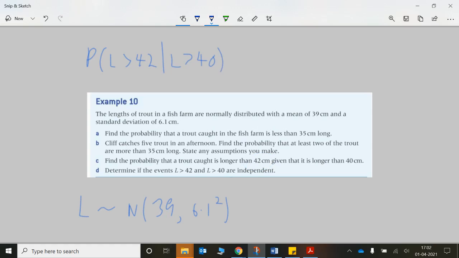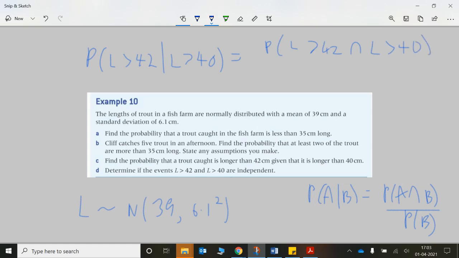Okay, now remember the conditional probability formula. Probability of A given B is the probability of the intersection of A and B divided by the probability of B. So in this case, we want the probability that L is greater than 42 and also L is greater than 40.